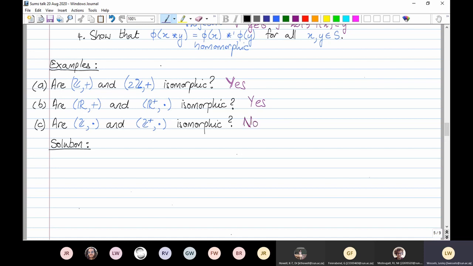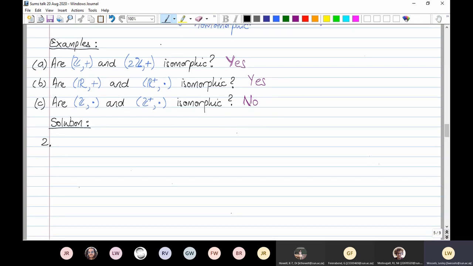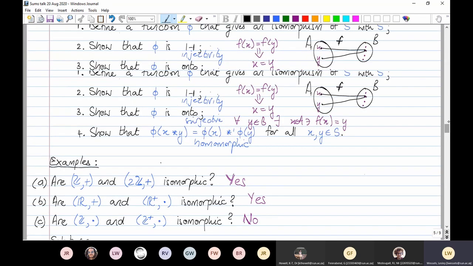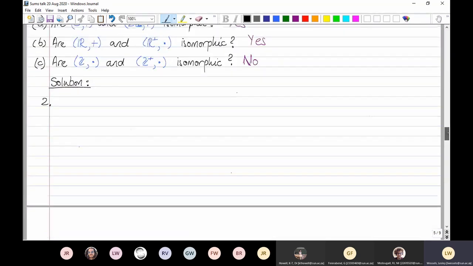So let's do number 2, because I think number 2 is interesting enough, because one set is under addition and the other is under multiplication. So what's our first step? Our first step is to define a function.